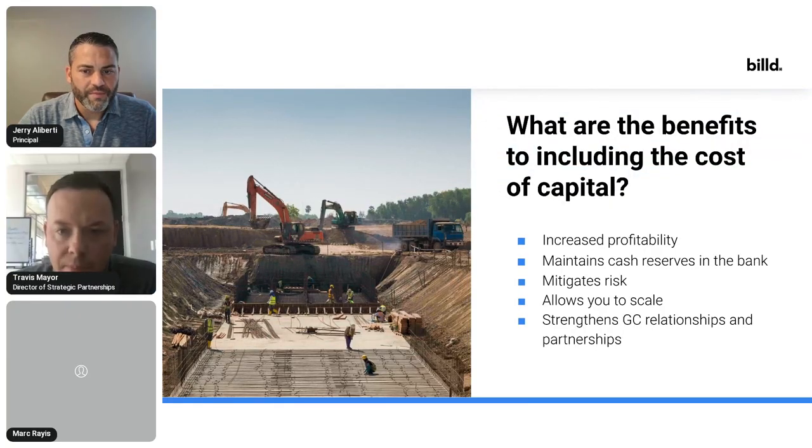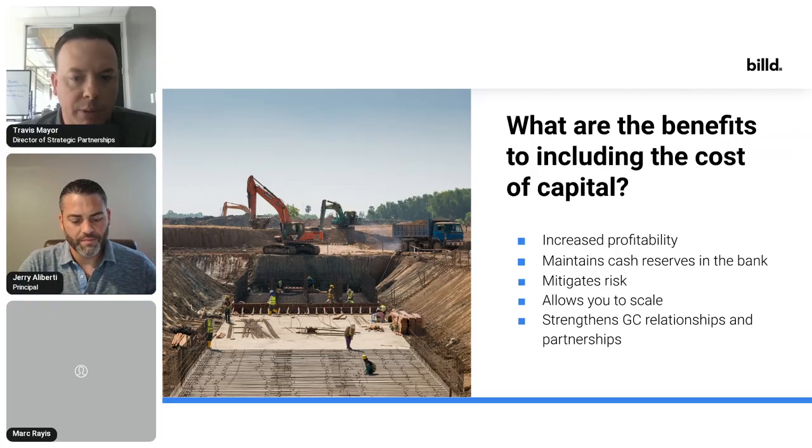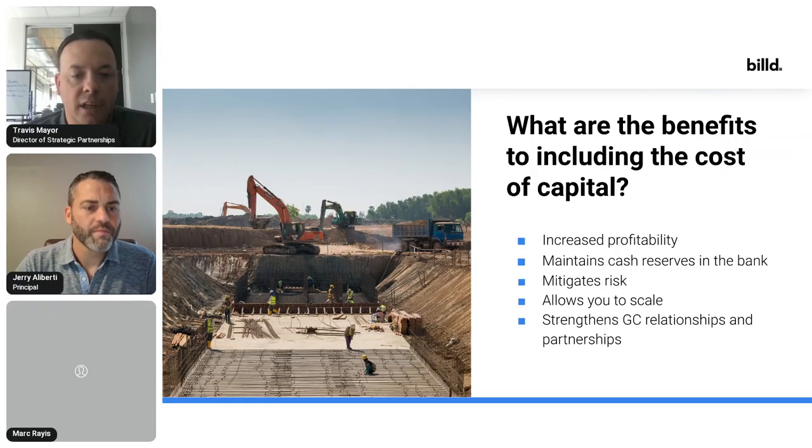What I just talked about, one of the benefits of including the cost of capital, is really a recap. So, increased profitability. We talked about at the beginning of the presentation, 48% of contractors account for the cost of capital. In our market report, you answered 40% here.